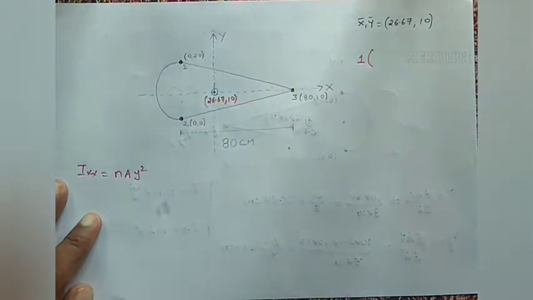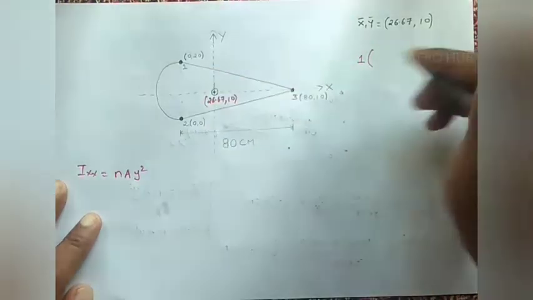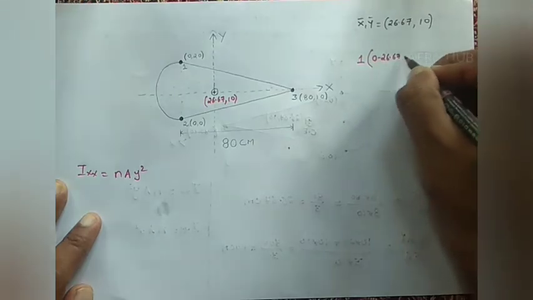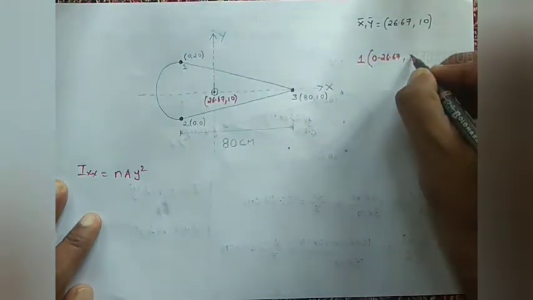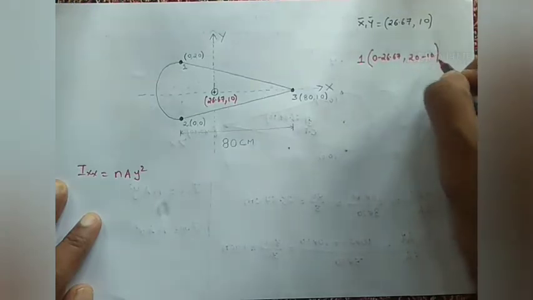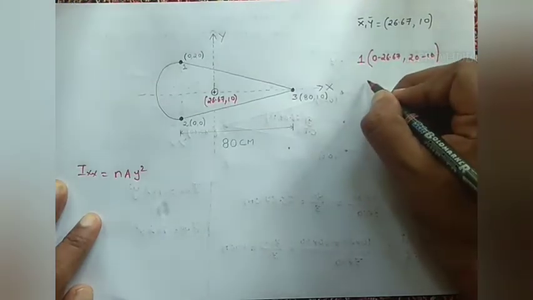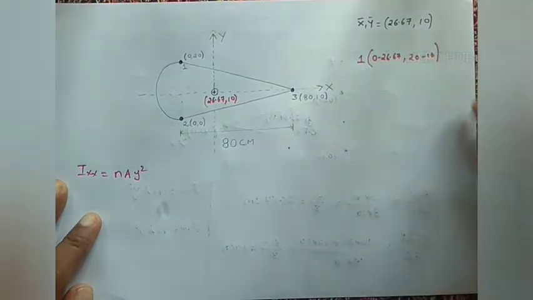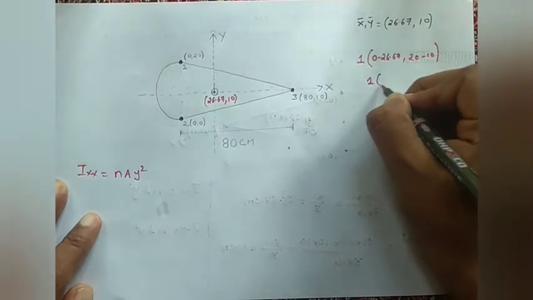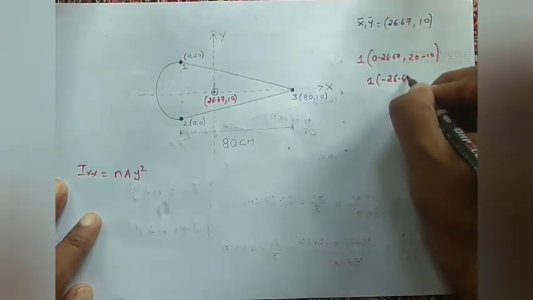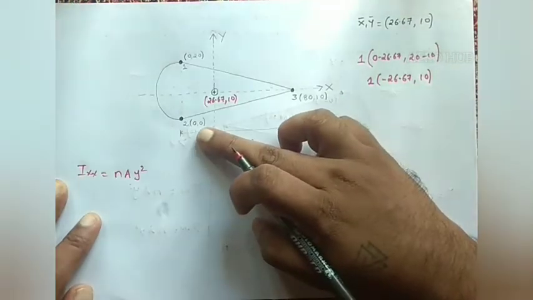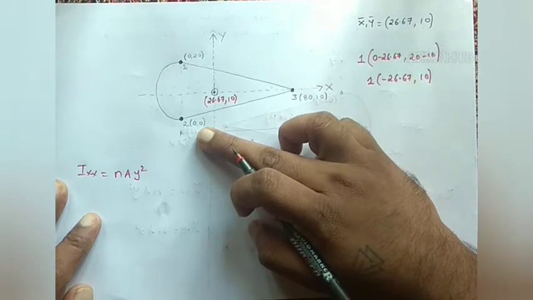To find the coordinate with respect to the centroidal axis, I write 0 minus 26.67, comma, 20 minus 10. That gives minus 26.67 and 10. So for point 1, the coordinate will be minus 26.67, comma, 10.